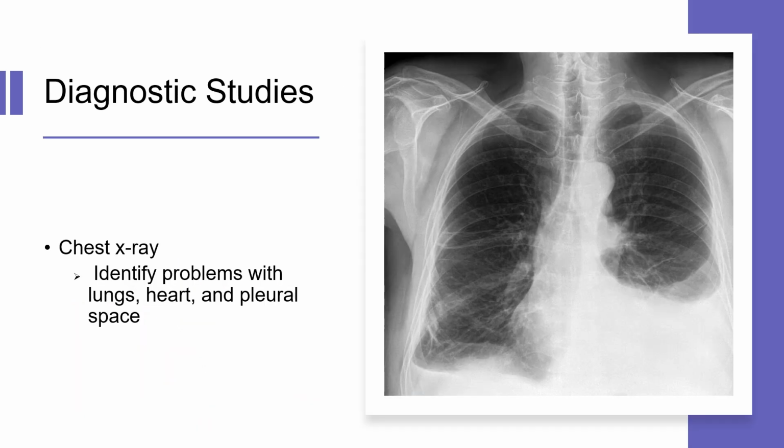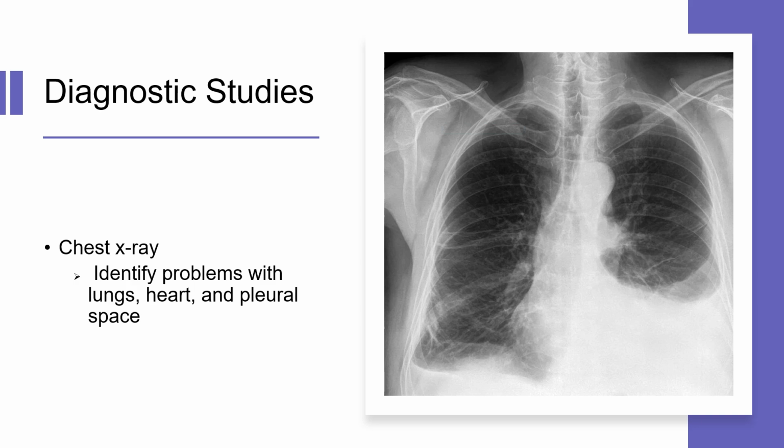Chest x-ray. So this can actually help with a lot of different organs. So the heart, the lungs, and the pleural space. So this is commonly ordered in the hospital. Sometimes patients get daily chest x-rays. This can show masses, air or fluid in the pleural space.